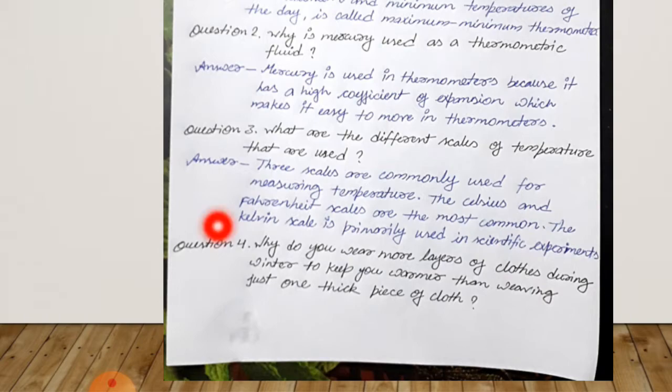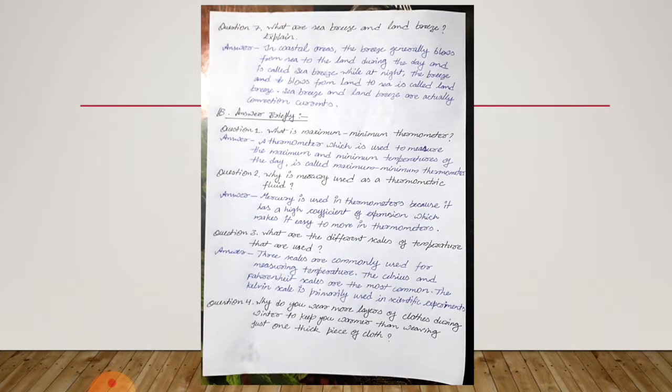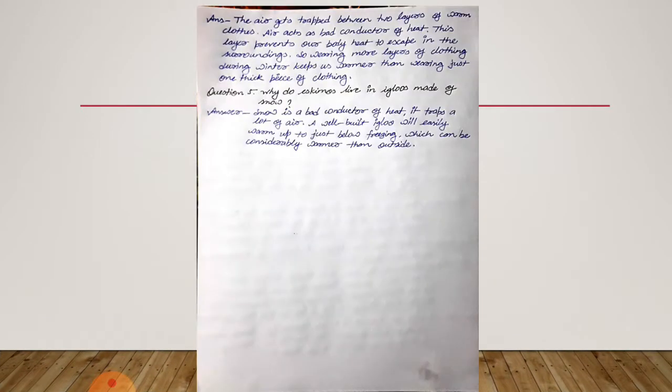Now question 4. Why do you wear more layers of clothes during winter to keep you warmer than wearing just one thick piece of cloth? So answer 4 is, the air gets trapped between 2 layers of warm clothes.